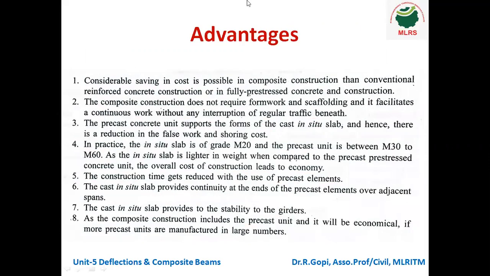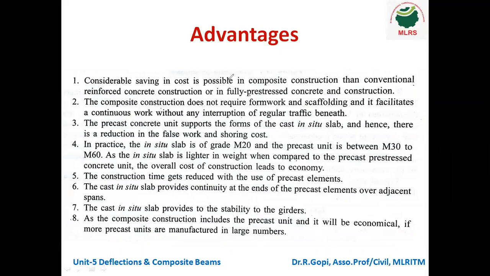What are the advantages of composite beams? Considerable saving in cost is possible. In a prestressed concrete beam, we need pretensioned wires, a higher concrete grade, and extra cement, which increases the cost, so it is not economical.